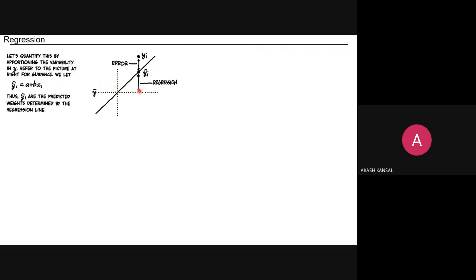The difference between the mean and your predicted value is regression, and the error is your predicted minus actual, or actual minus predicted, whatever it is. Yi cap are the predicted weights, which are already determined by the regression line. So this component is regression, this is error.